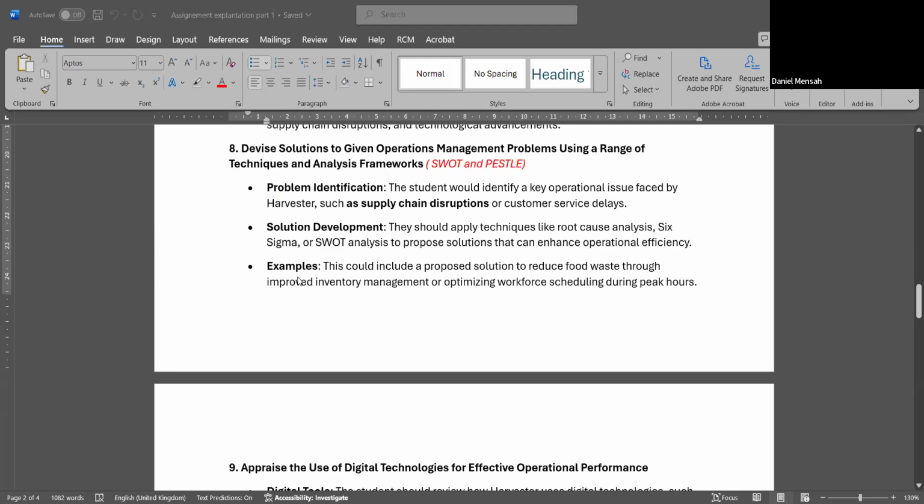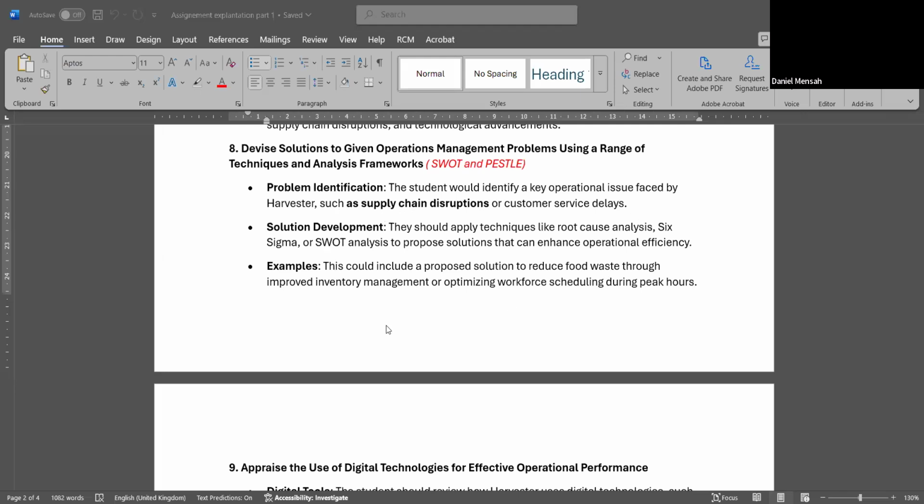And we are giving an example. For example, you can include a proposed solution to reduce food waste through improved inventory management, or optimizing workforce scheduling during peak hours. For example, we have identified two problems here.